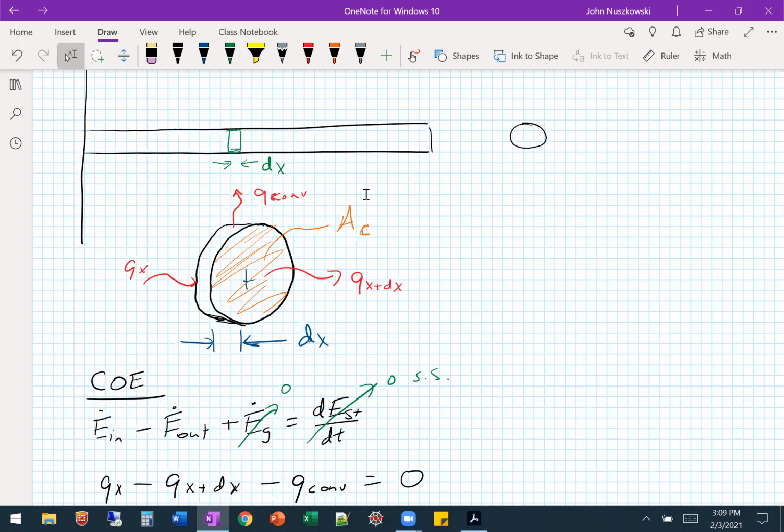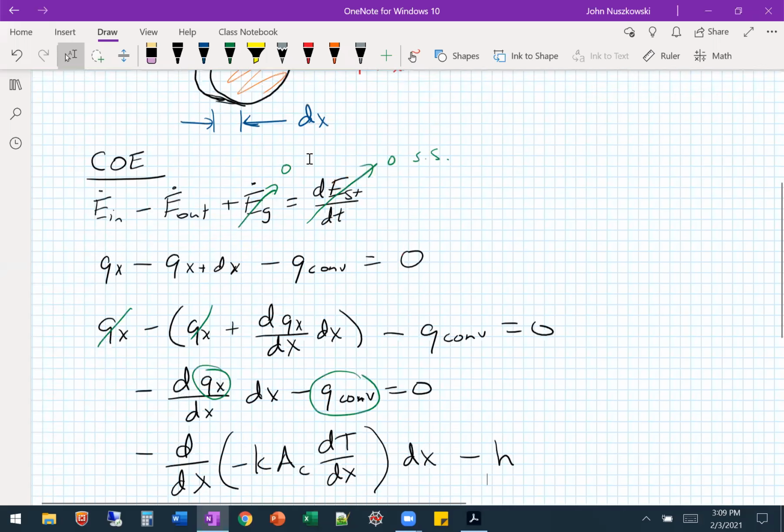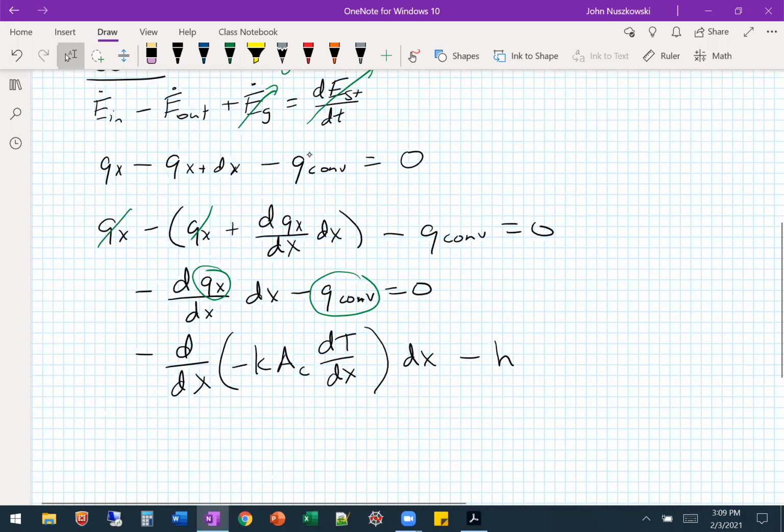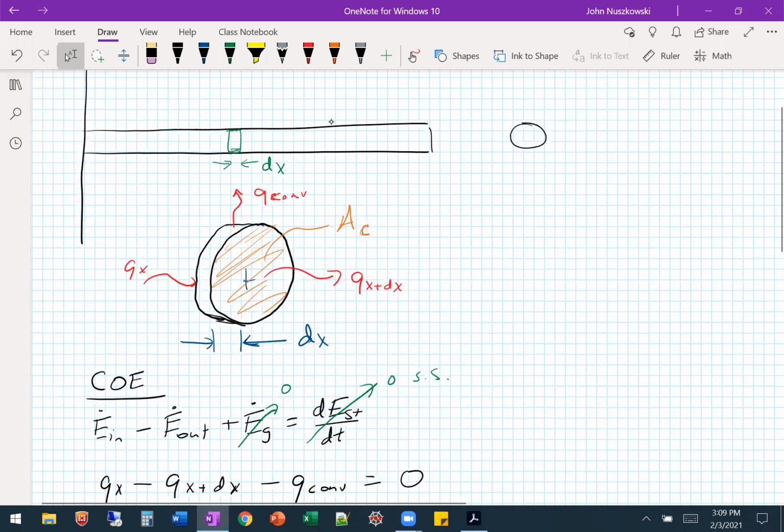So that would end up being the perimeter times dx, P times dx.